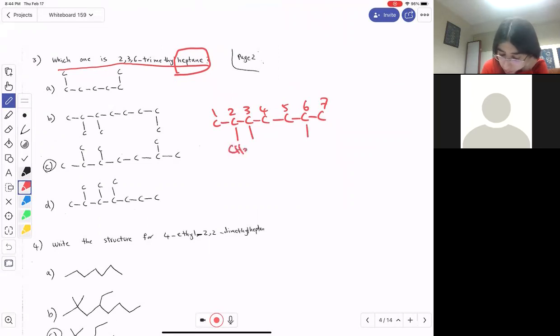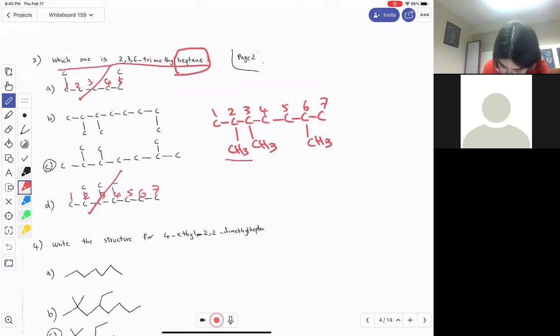Trimethyl, 3 methyls. And we didn't even write the hydrogens for all of them. So this is wrong. We should have 1, 2, 3, 4, 5, 6, 7.